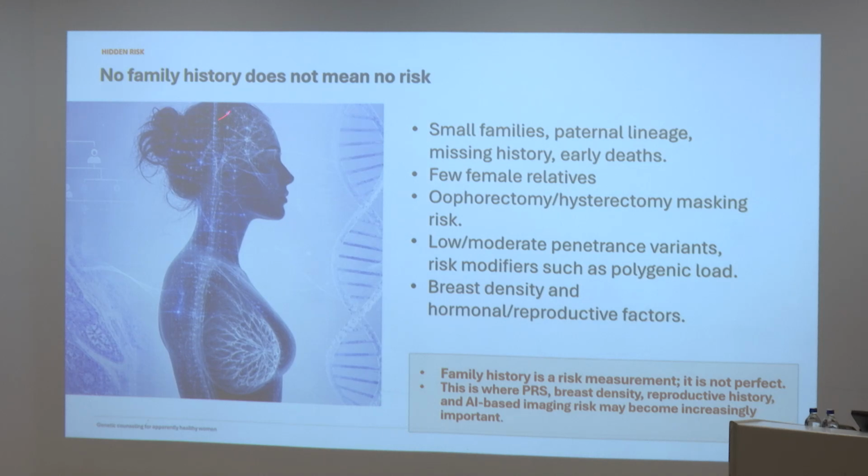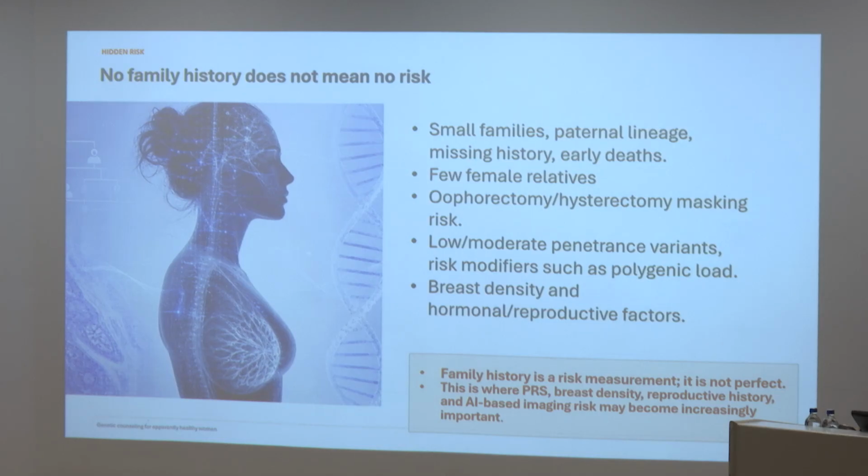But no family history doesn't mean no risk, because there might be small families, we might not know the paternal lineage, there might be missing histories, there might be early deaths, there might be few female relatives, and males are lucky for breast cancer. And some procedures might be masking some women of the family's risks.